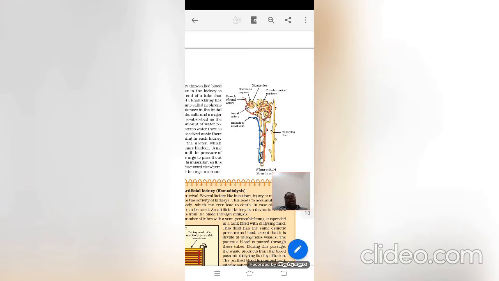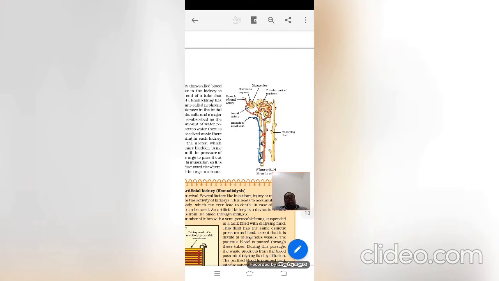So whenever the pressure goes down, the kidney gives the signal. The kidney will secrete some chemicals which make the heart pump more blood, or thicken the arteries and arterioles. There are a lot of chemicals. That is how the kidney regulates the blood pressure also.